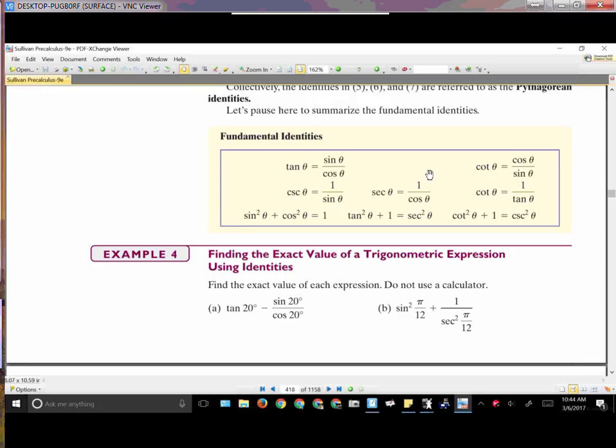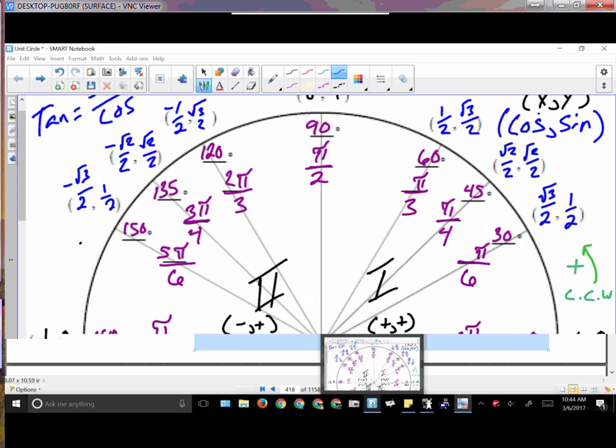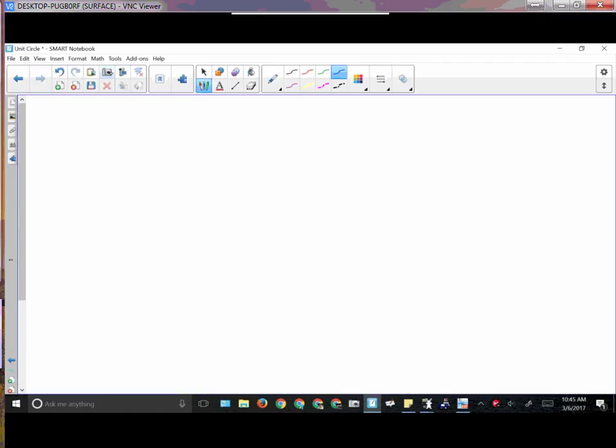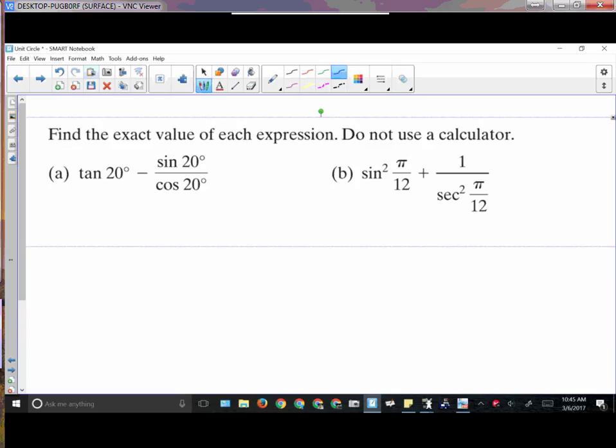So, what happens if I want to find the exact value of a trig function? Okay. Tangent of 20 minus the sine of 20 over the cosine of 20. Now these are looking flat out ugly, ain't they? But they are deceptively simple. So, what is tangent?